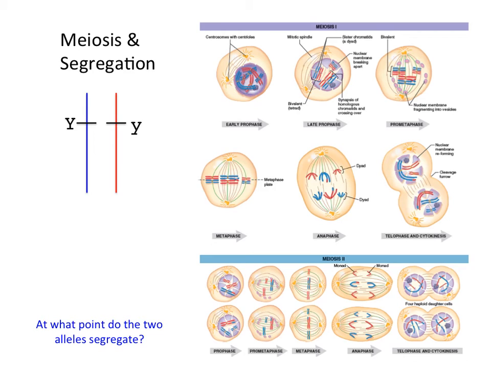How many different types of offspring can there be? So we've got two different genotypes. You either get big Y with one of these, or you get a big Y with one of the little y sperm that come from the dad, parent A.